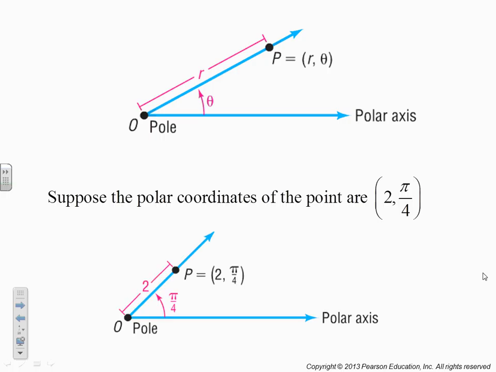So for example, if you have a polar coordinate of 2 comma pi over 4, 2 is your radius, that's how far out you go, that's your distance, and pi over 4 is your angle. So you go pi over 4, or 45 degrees, and then out 2 units from there. So the point you end up at is right here at 2 comma pi over 4.